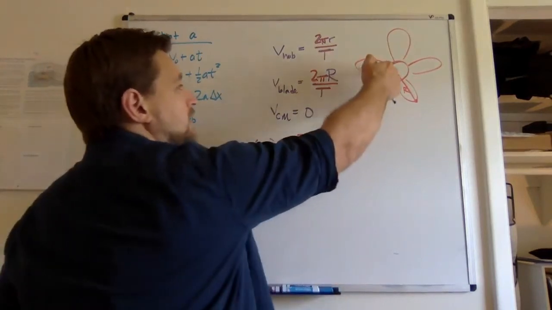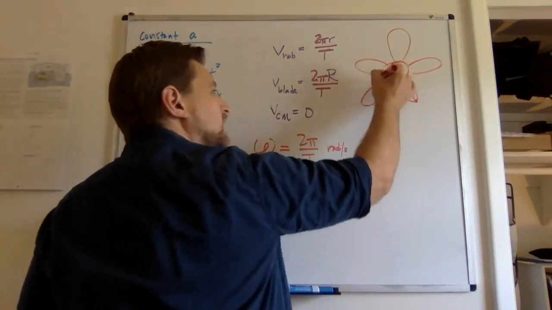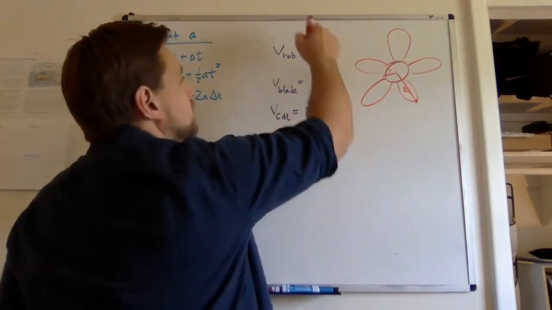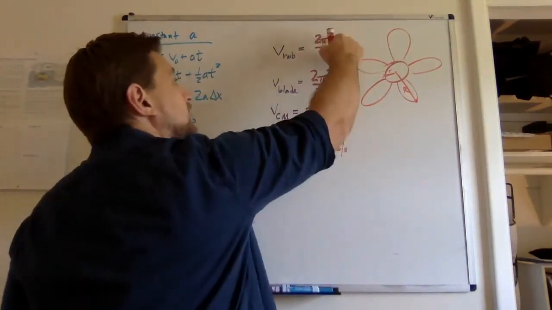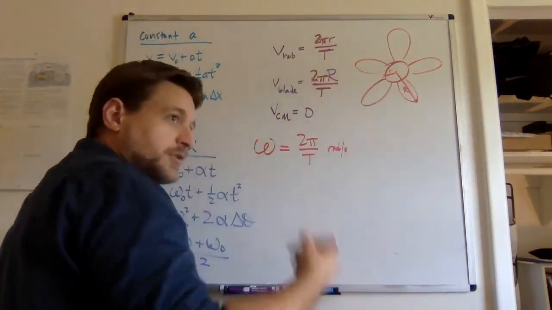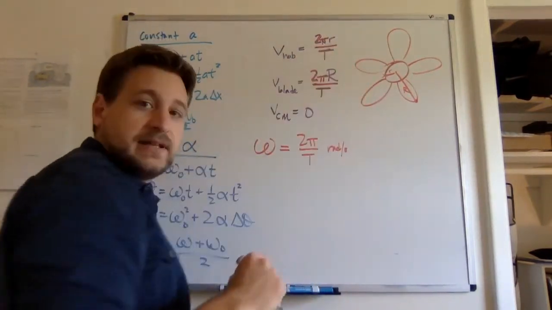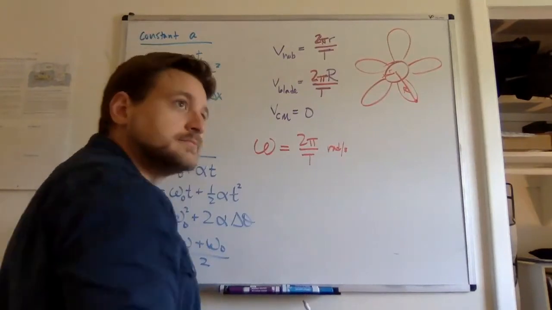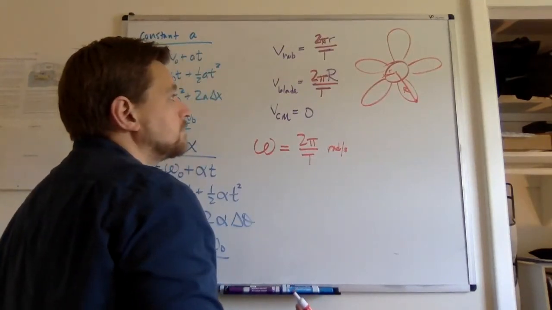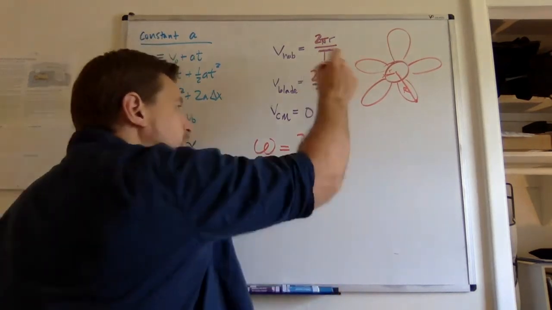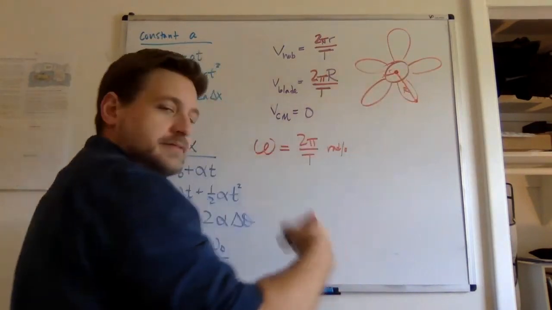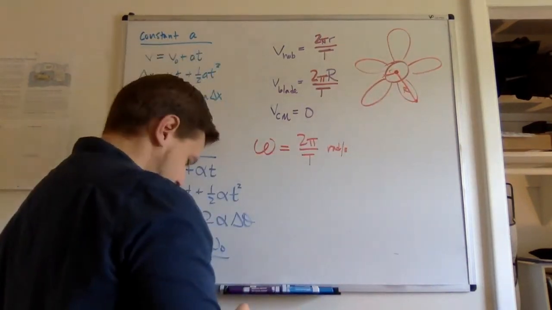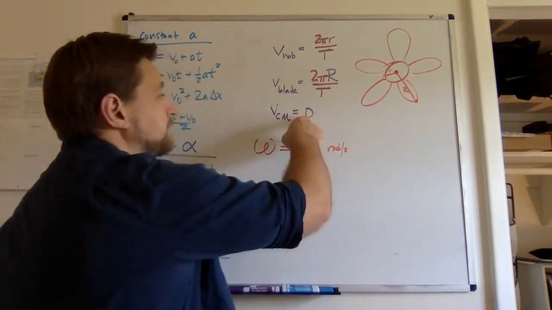And the same story here. If we're talking about this point on the edge of the hub, 2 pi over t, so we take omega and multiply by the radius of the circular motion that that point is following. How far away is that point from the axis about which we're rotating, the center of the fan? Okay, and the last piece.